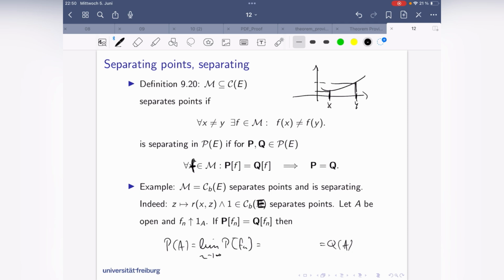Then we assume here that the integrals agree, so for all f this holds. So that means that must be the same as the limit n goes to infinity of the integral with respect to Q of f_n. And this, by the same monotone convergence, is Q of A, which means P of A equals Q of A for all open A. And that means that P equals Q. And then we have shown that the set of all continuous bounded functions is separating.